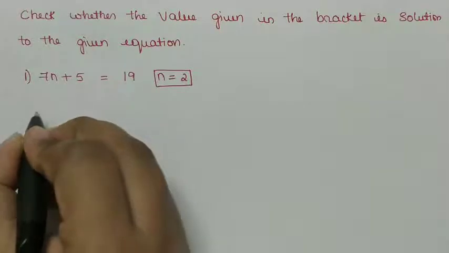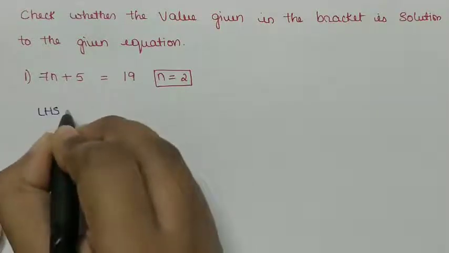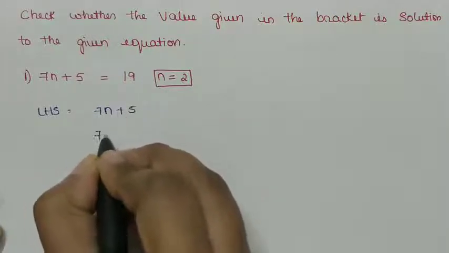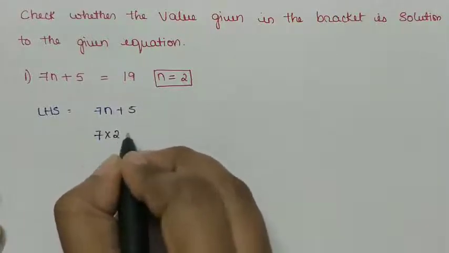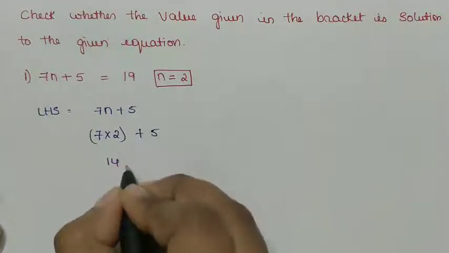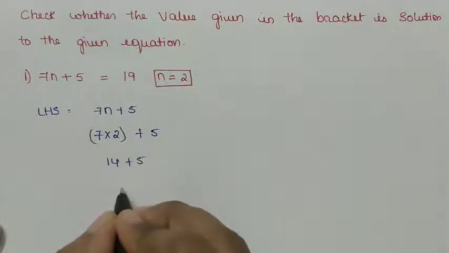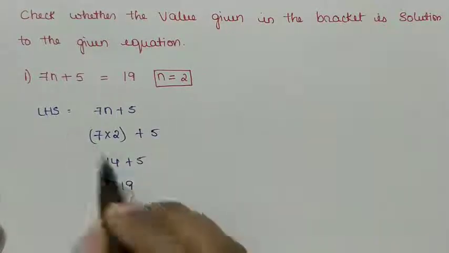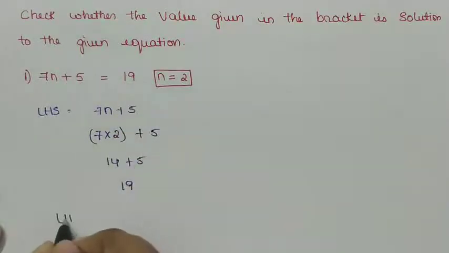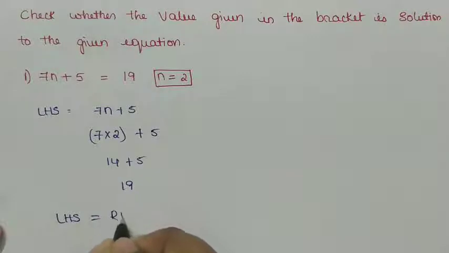Take LHS, 7n plus 5. 7 into n equal to 2, plus 5. 7 2s are 14 plus 5, which is equal to 19. LHS is equal to 19 and RHS equal to 19. As LHS is equal to RHS, n equal to 2 is the solution for the given equation.